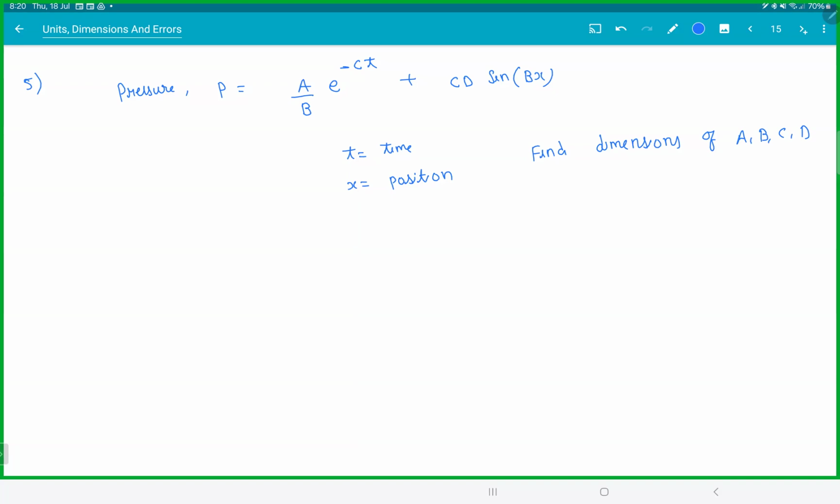B L minus 1, C T minus 1. Yeah, that looks like it. Let's see. One more minute. Remember, I told you something, the dimensions of the power. So Ct should be dimensionless, Bx should be dimensionless. That would give you the C and B dimensions. Because e to the power of something should be a dimensionless quantity.